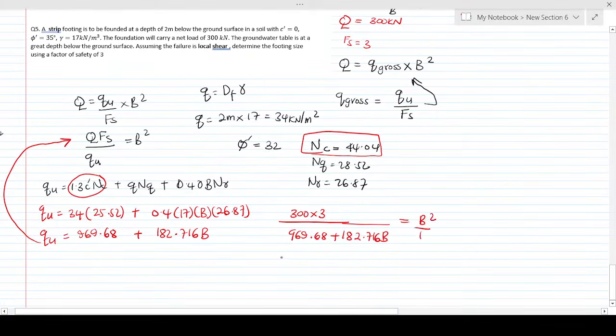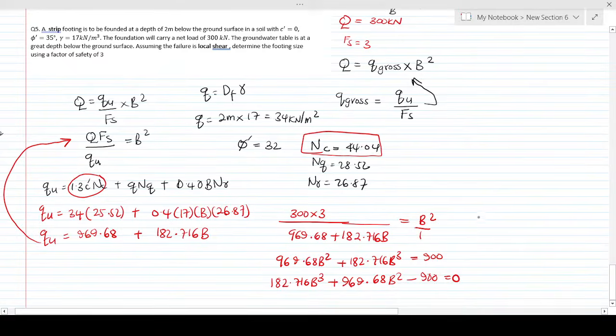So if I cross multiply, 969.68 B squared plus 182.716 B cubed equal to 900. So I'm going to get 182.716 B cubed plus 969.68 B squared minus 900 equal to 0.